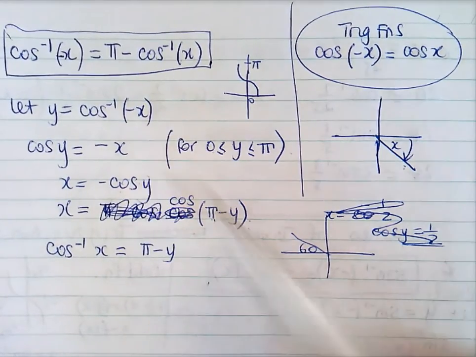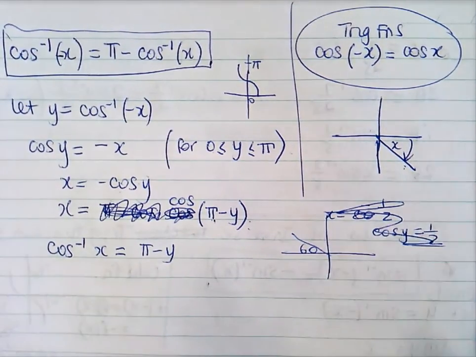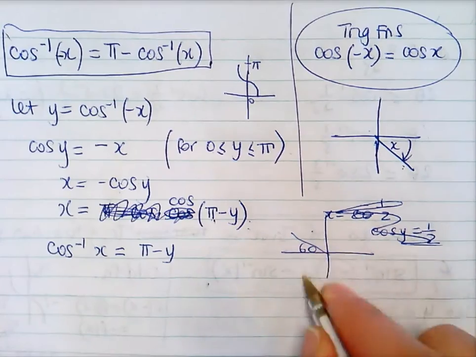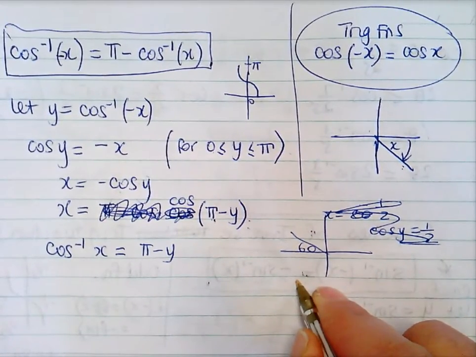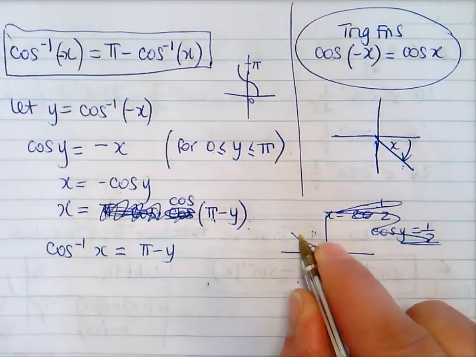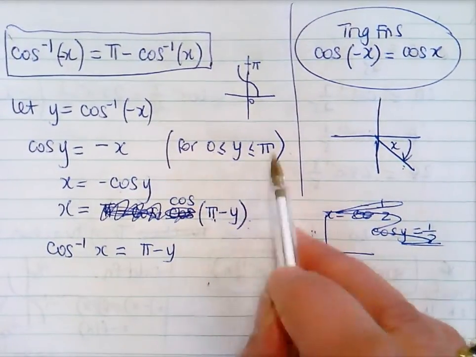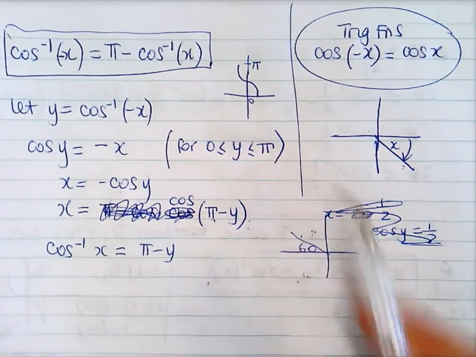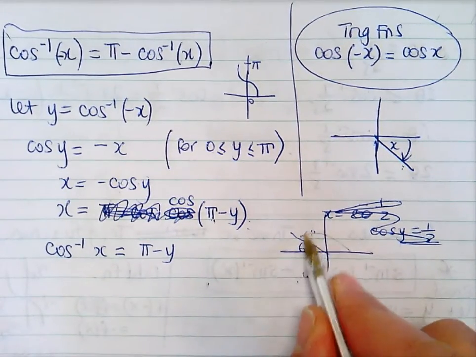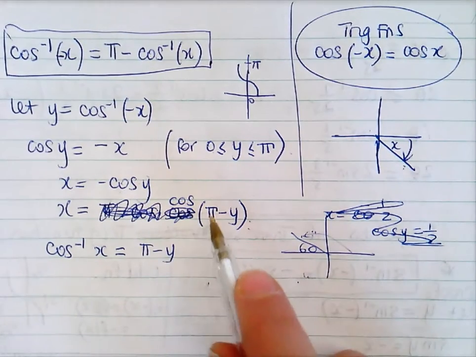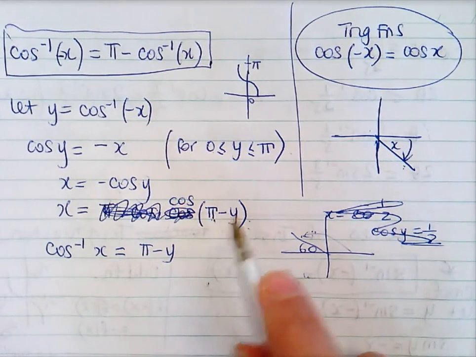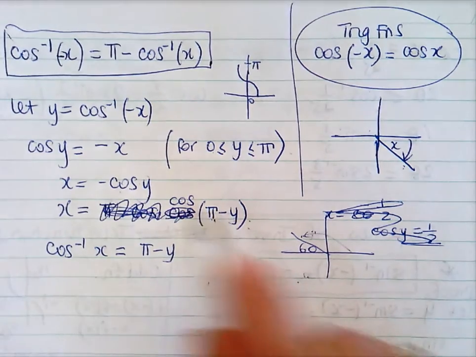Negative cos 60 is the negative of cos 60, which is negative a half. The answer would be in quadrant 2 or 3. We take the quadrant 2 angle because that is within the range of the inverse cosine function. Quadrant 2 is always 180 minus or pi minus. So that is the same as cos of 180 minus 60, which is 120, or pi minus whatever that angle is.